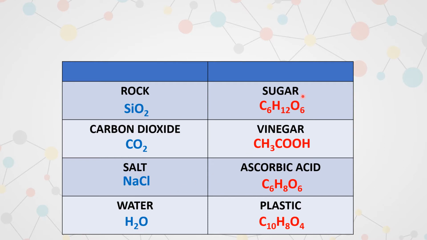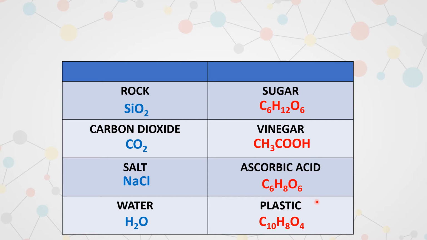Another given compound here in our table is sugar. Sugar is a compound that has a chemical formula of C6H12O6. Another compound is vinegar. Its chemical formula is CH3COOH. Another compound that we all know that is very important nowadays is ascorbic acid, or vitamin C, a source of vitamin C. Its chemical formula is C6H8O6.